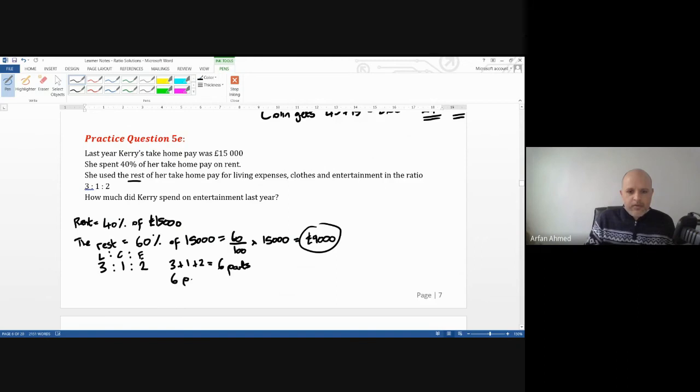Those 6 parts equal the £9,000. So 1 part will be 9,000 divided by 6, which is £1,500. Okay, that's for 1 part. Let me highlight that.